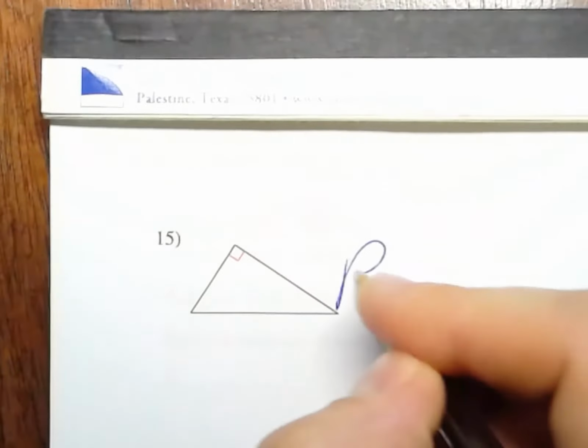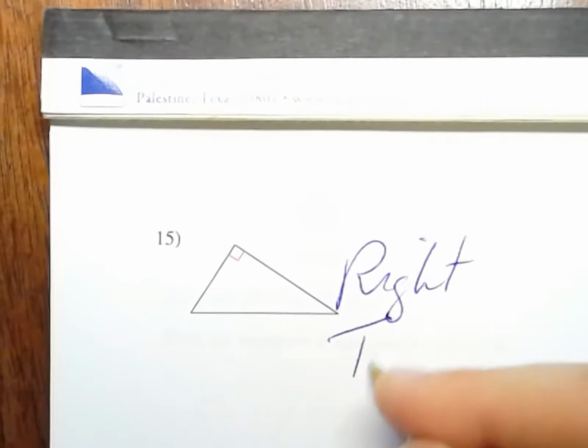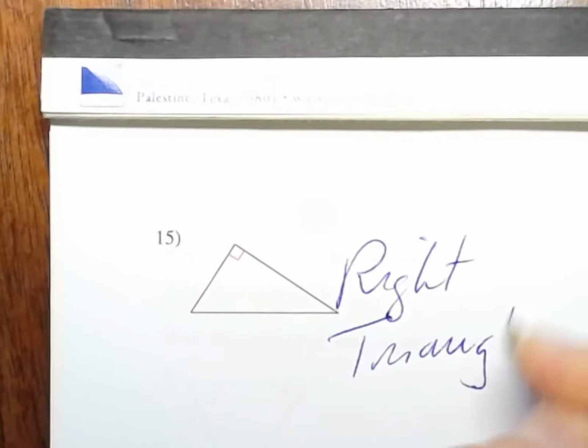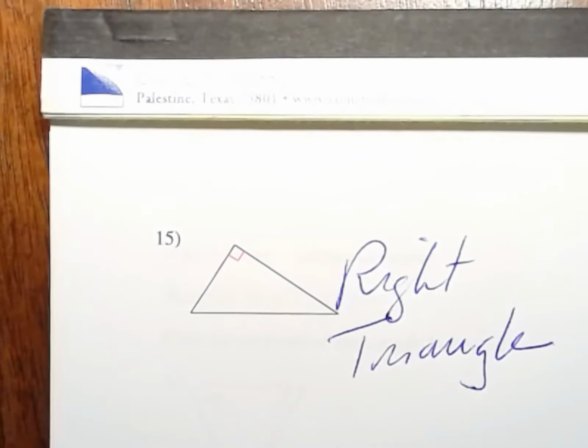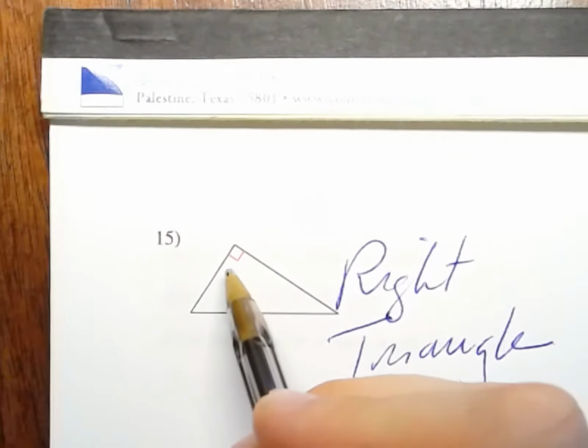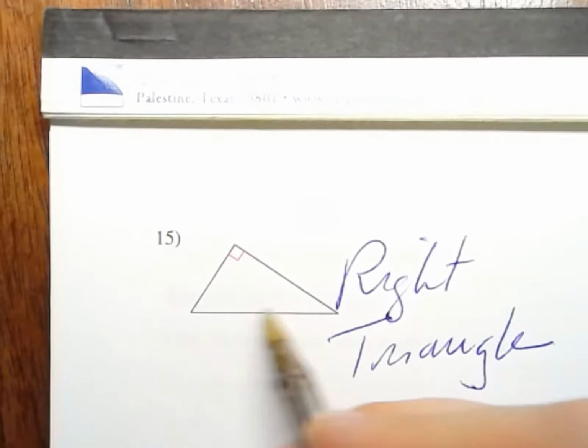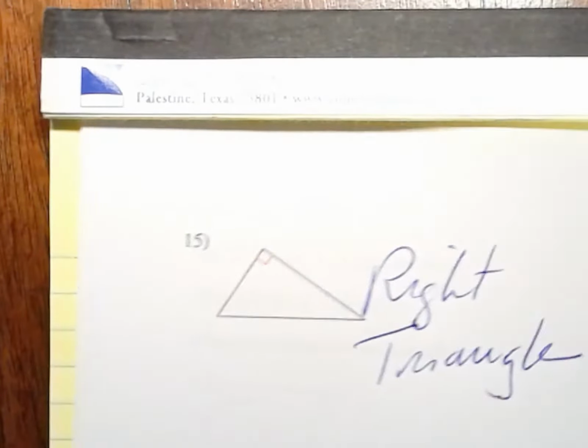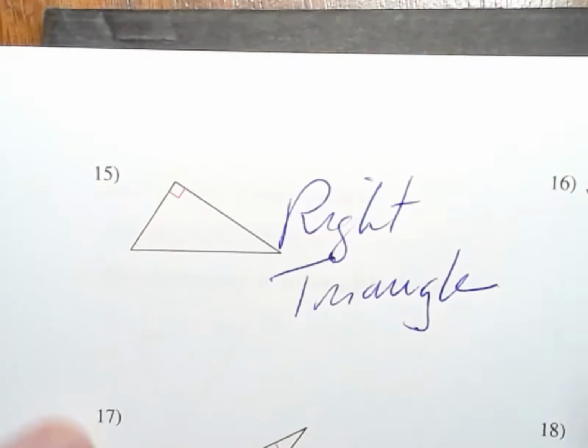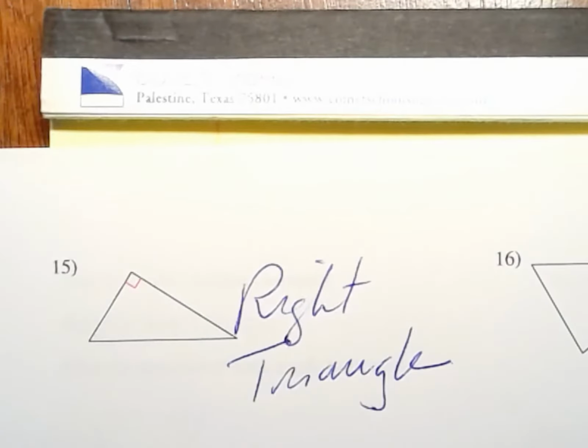It does have a right angle, so it's a right triangle. But we don't know anything else about the sides. So, excuse me, it's a right scalene.